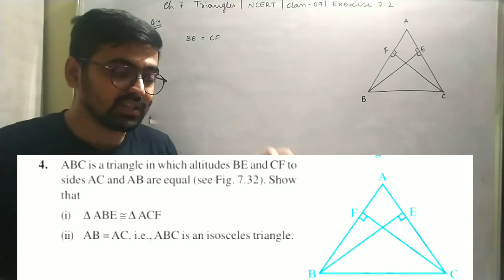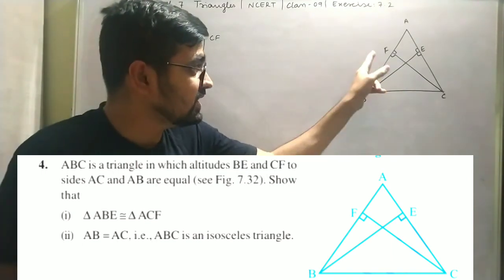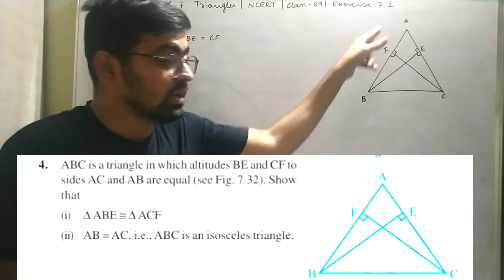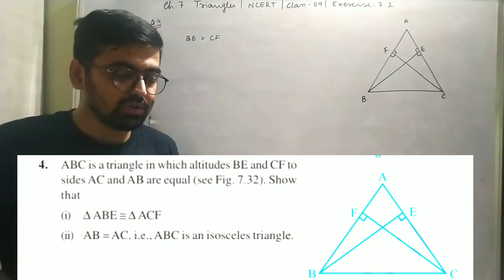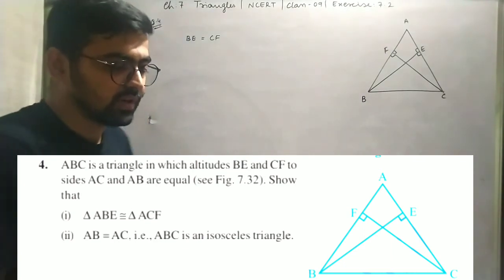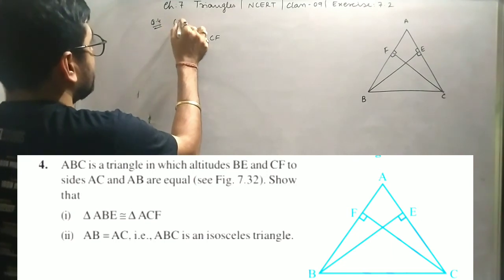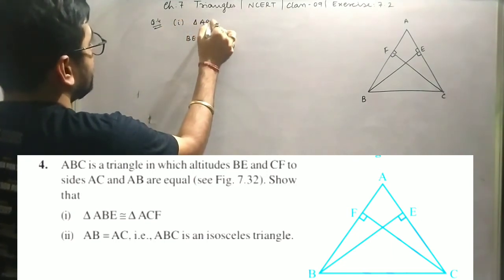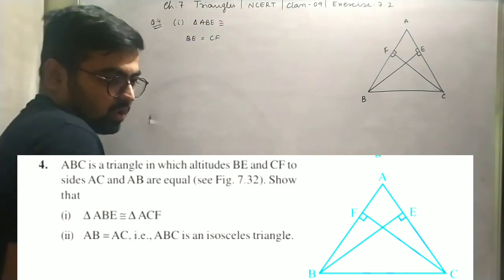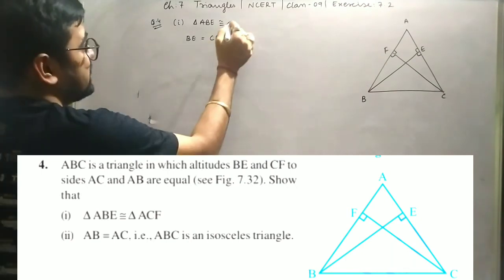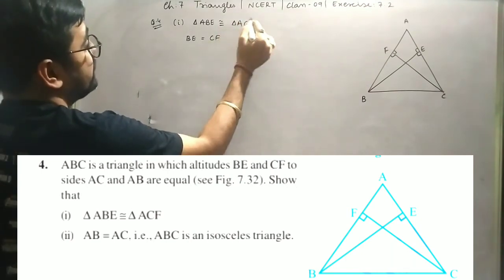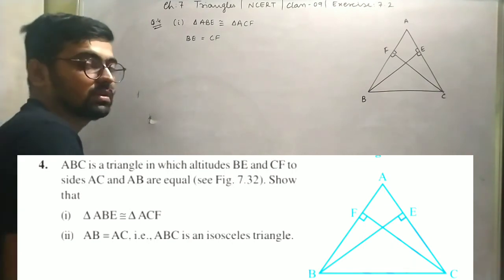Altitudes BE and CF are equal, and we need to show the two sides AC and AB are equal. So for the first one, triangle ABE is congruent to triangle ACF. We just did it. We just did it.